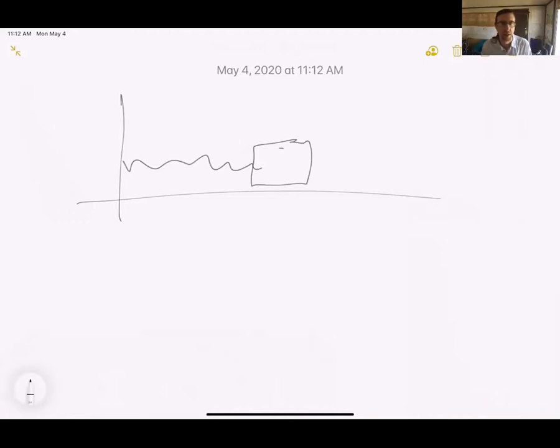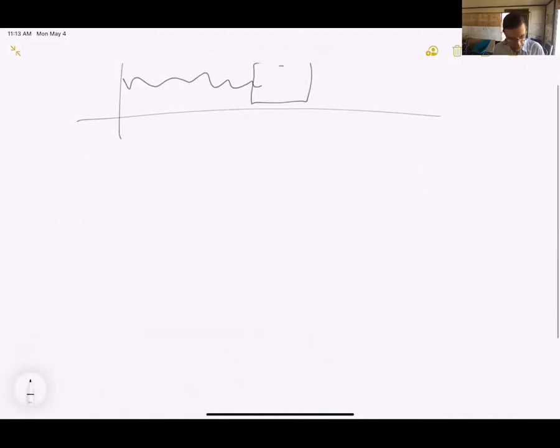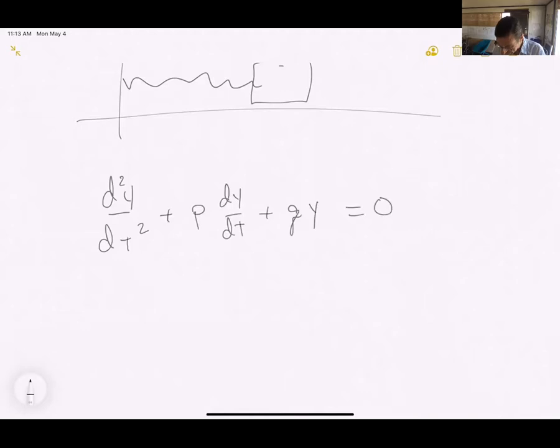There's a velocity term, a friction term, and in the end, the differential equation that you get is just a standard second order differential equation with constant coefficients. So you get d squared y, d t squared plus something, they use the letter p in this chapter, dy dt plus something times y equals 0.